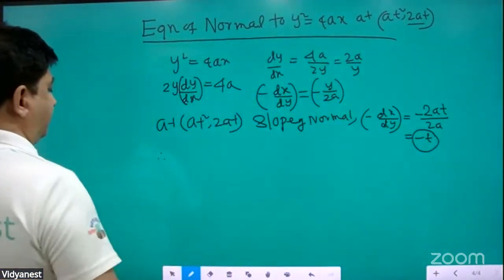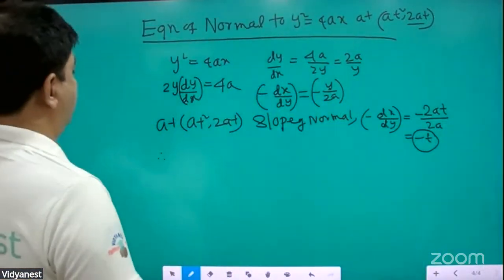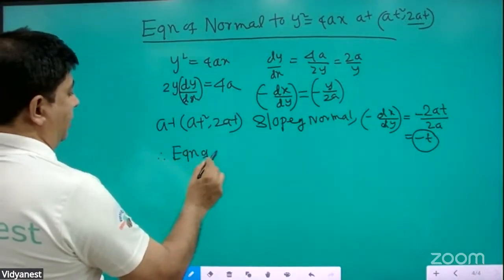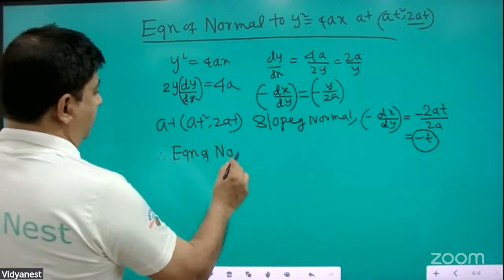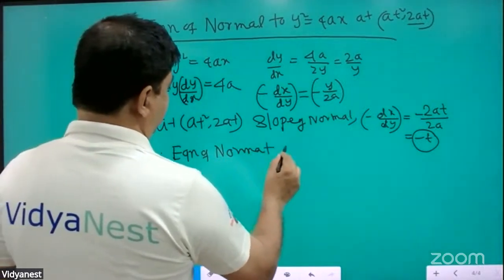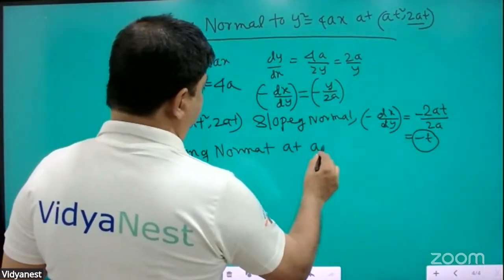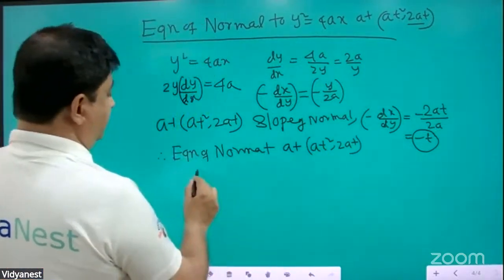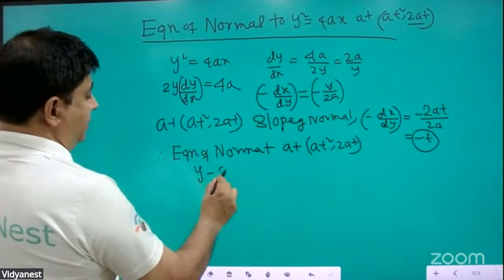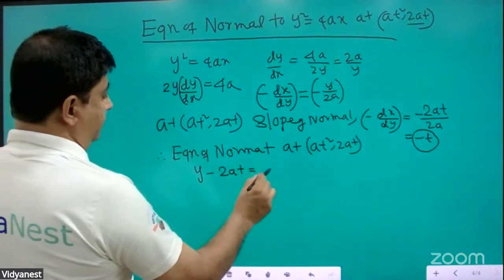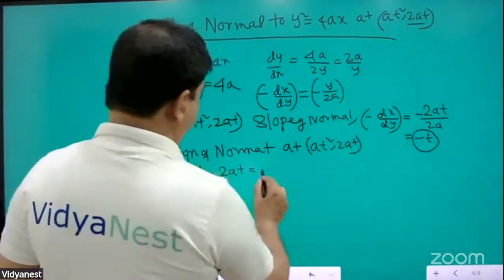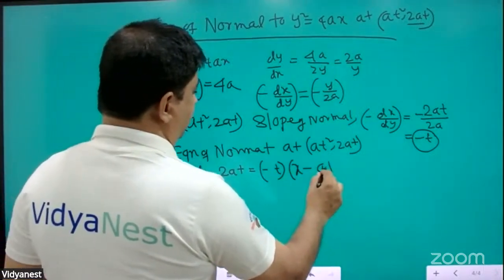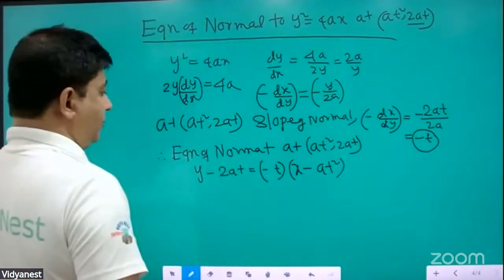So the equation of normal at (at square, 2at): y minus 2at is equal to m times x minus at square.